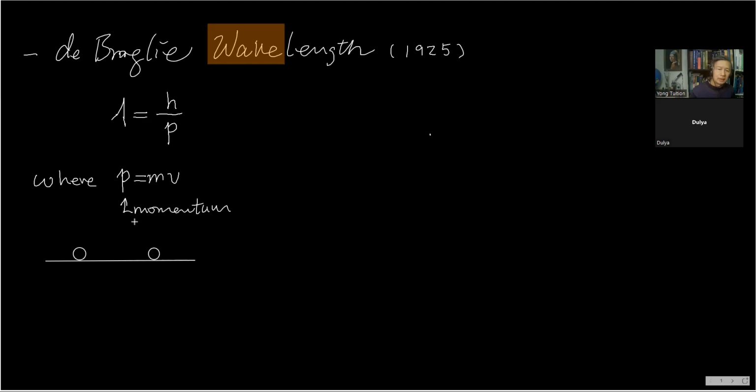But why does momentum have anything to do with wavelength? That is the question of this idea. This is a part of quantum mechanics. Here is velocity and mass, so if you take the product, you get momentum.